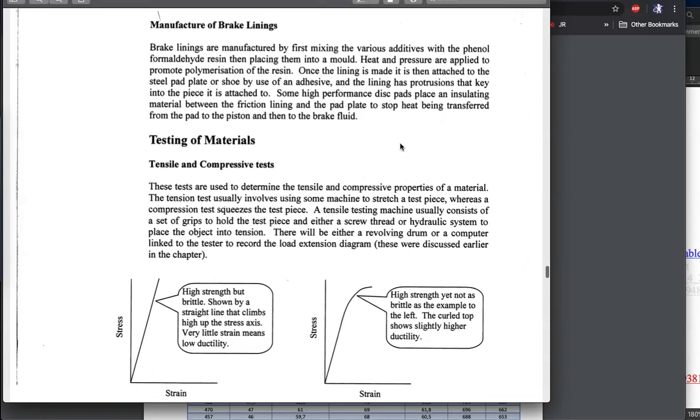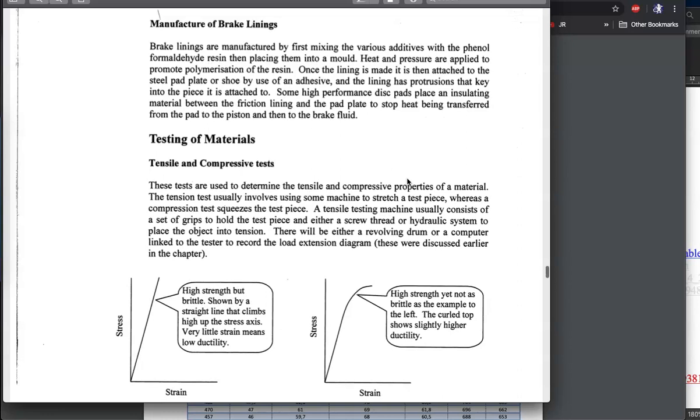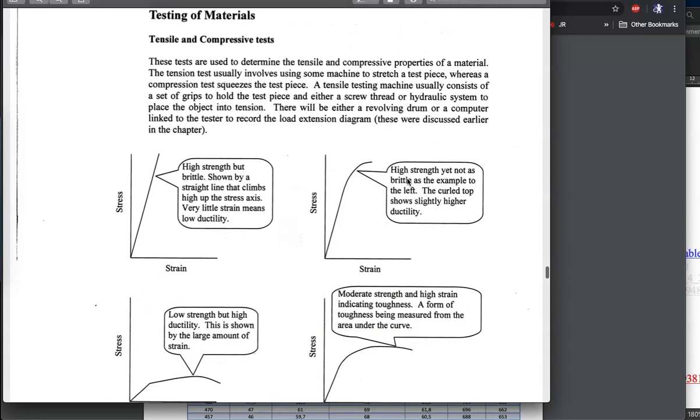Okay, how do we make brake linings? I don't think I really have anything to add aside from just reading that section. We've said that the phenyl formaldehyde is the resin that holds things, that's a thermosetting polymer, and that the fibers are often polyamides. I don't think I can really add anything else.